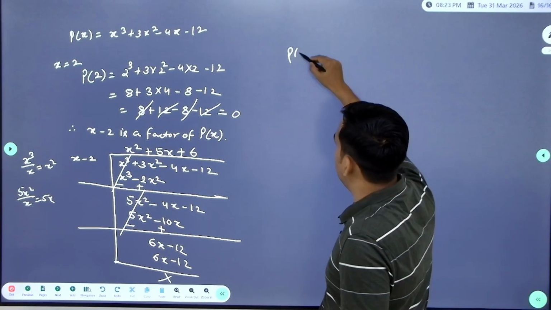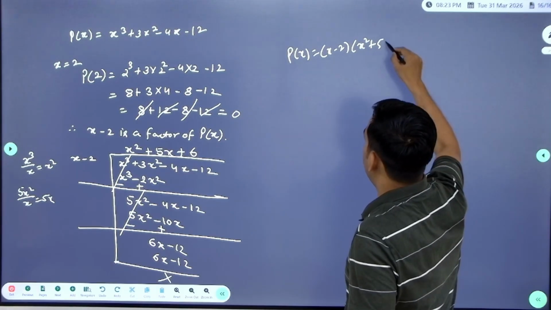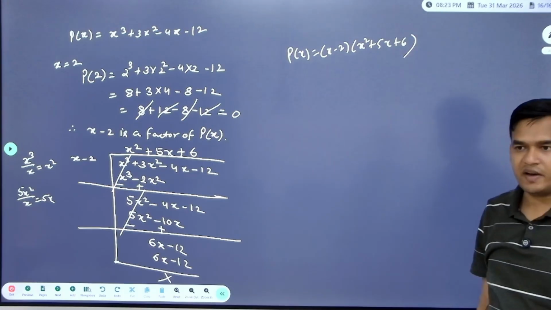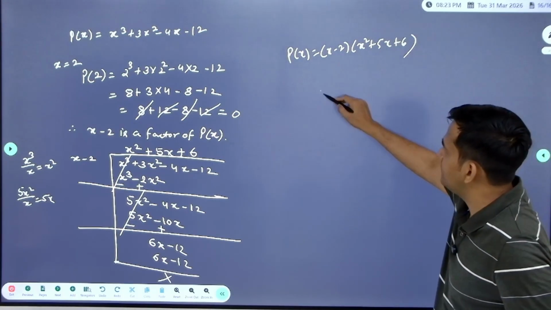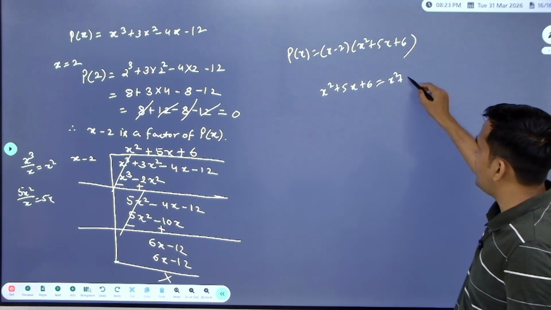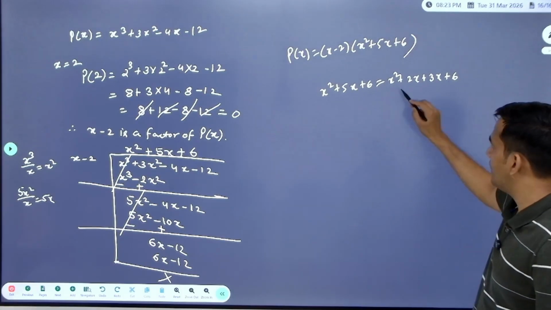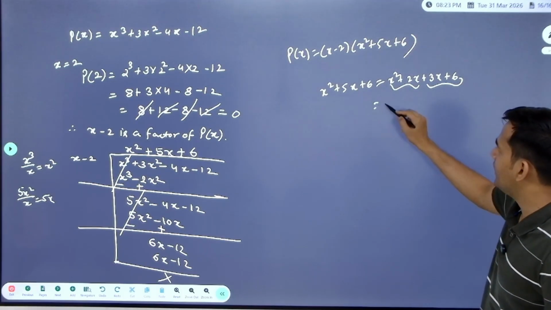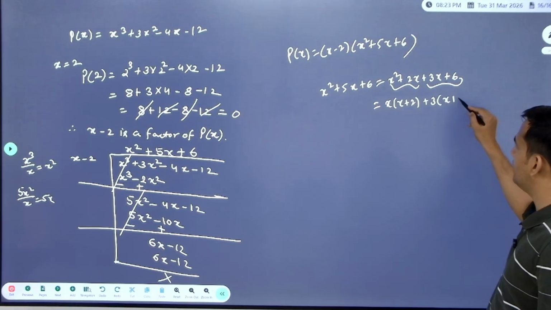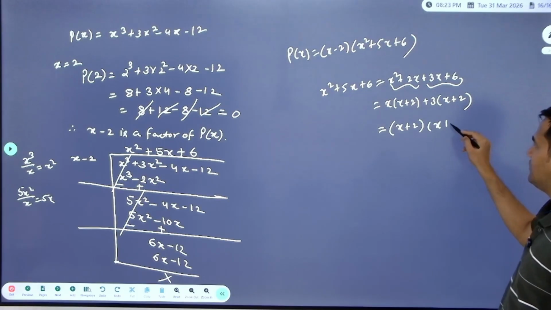So P(x) is equal to x minus 2 into x square plus 5x plus 6. Now you have to find the factors of x square plus 5x plus 6. Again 2 and 3. So x square plus 2x plus 3x plus 6. So use grouping. x into x plus 2 plus 3 into x plus 2, x plus 2 into x plus 3.